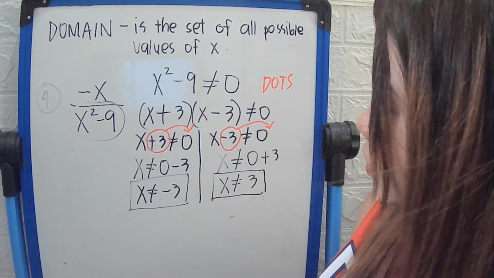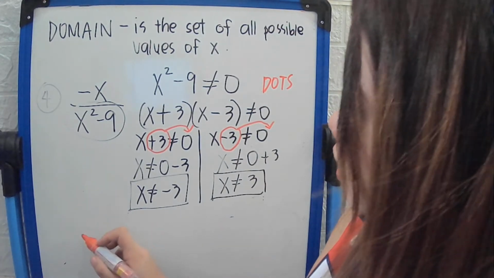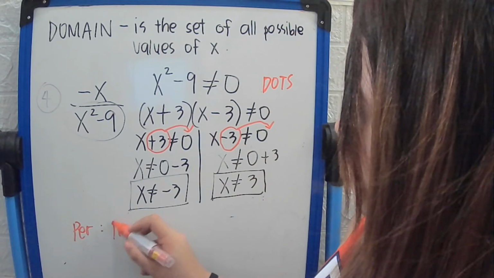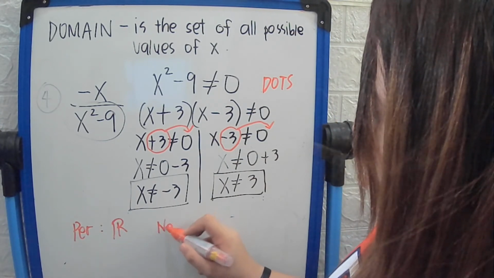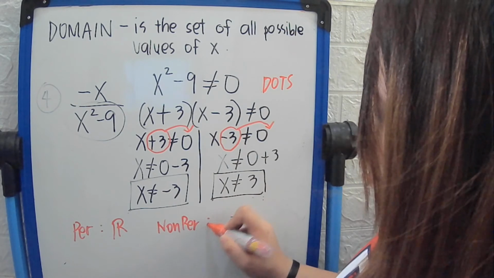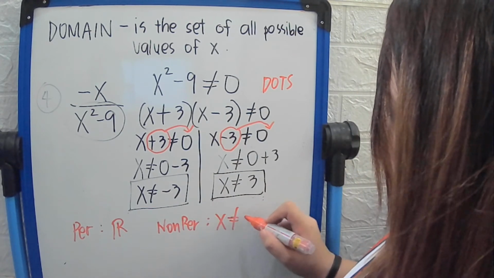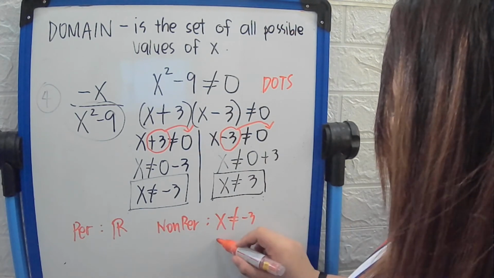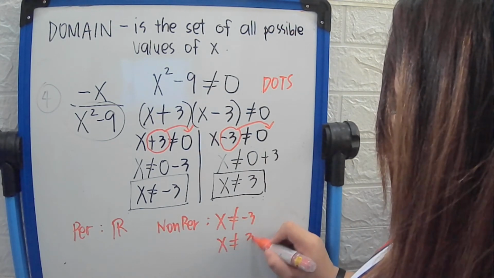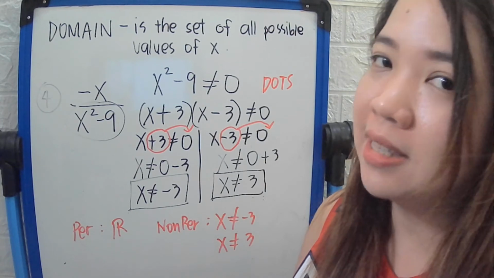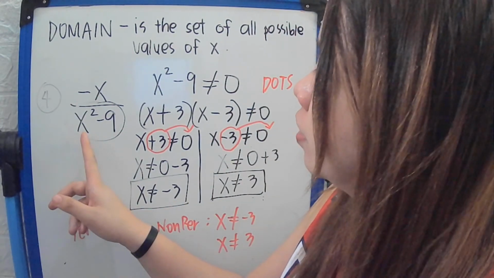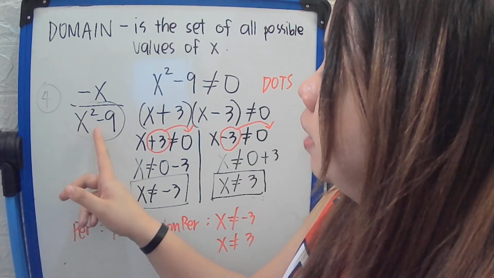So for your final answer, the permissible is all the set of real numbers. The non-permissible: your x should not be negative 3, and your x should not be positive 3. So why is that? If we substitute, let's say, negative 3 here, that will be negative 3 squared minus 9.